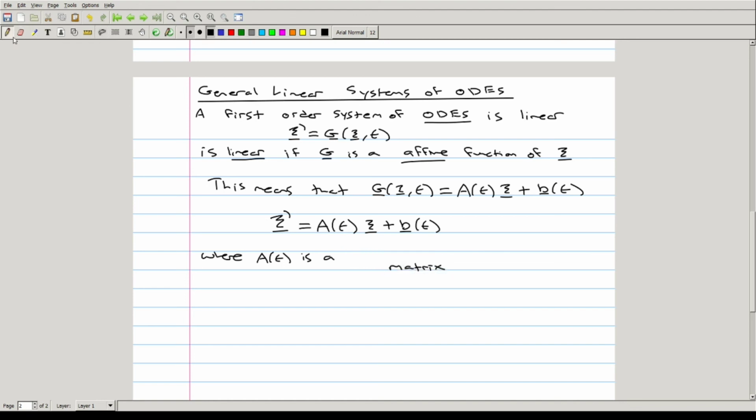We'll specifically say A is an n by n matrix of functions of t, and b of t is an n by 1 vector of functions.